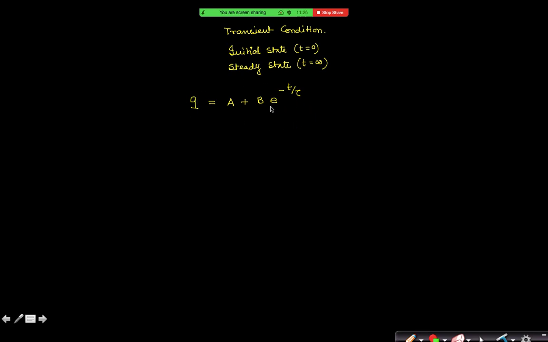Can you relate this formula that we discussed in the last class, that if the capacitor had initial charge q naught, then the charge on the capacitor as a function of time was something like that? So if the charge on the capacitor is like this, the current in the capacitor will be minus b by tau into e power minus t by tau.